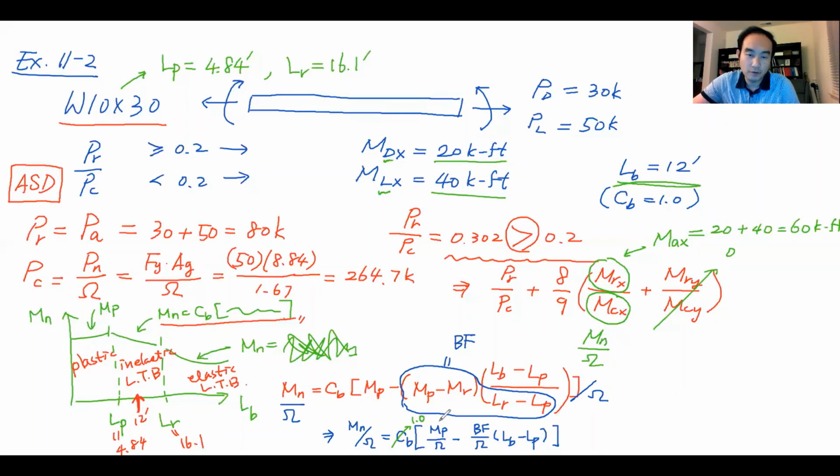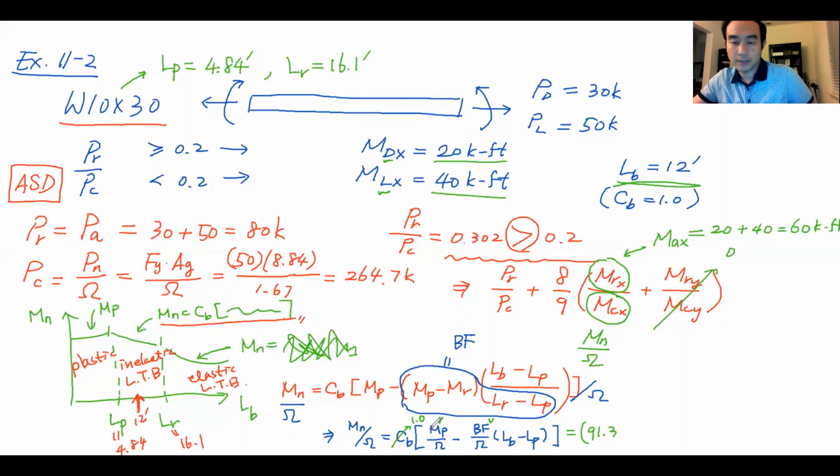So just look up these two numbers from the AISC manual, which is M P over omega is 91.3. So C sub B is 1.0.